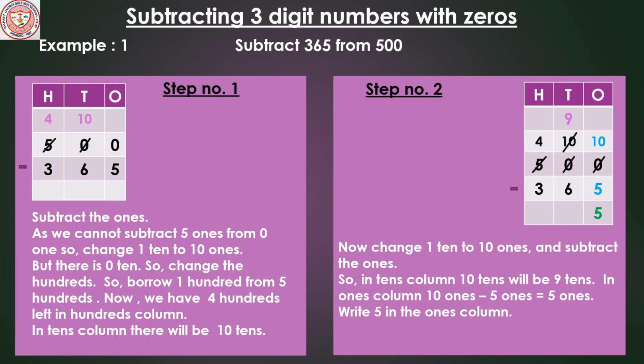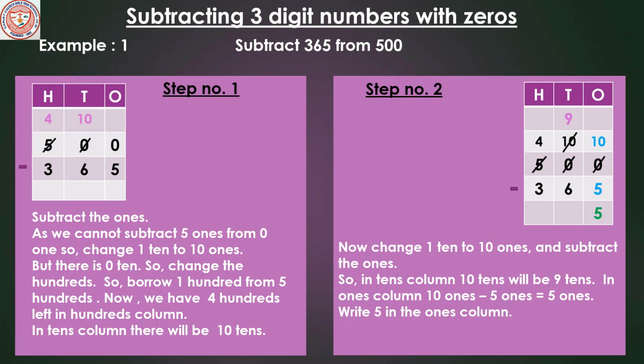In this problem, we can see in the hundreds column there are 5 hundreds. So, after borrowing 100, it will become 4 hundreds. And now, in the tens column, we have 10 tens. So, step number 2.